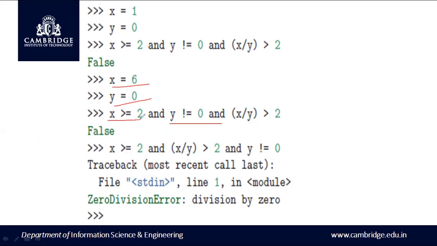The first expression evaluates to true because 6 is greater than 2, and y != 0 evaluates to false because y is equal to 0. So Python does not evaluate the rest of the expression, x / y > 2, because y is already 0. It gives the output as false.